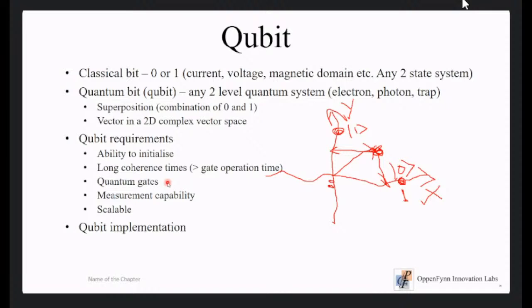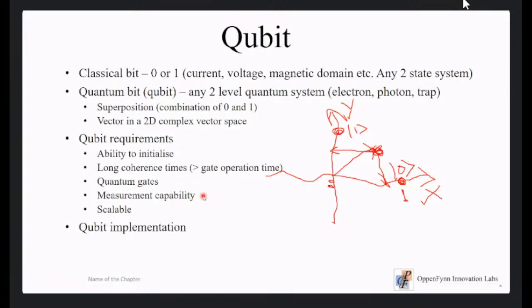If you only have the ability to make 0 and 1 and don't have the ability to make gates using the same technology, then it isn't of much use. Similarly, if you just have the ability to make a quantum bit and do not have the ability to make quantum gates using that technology, then it is not of much use. So another requirement of a qubit is that you need to have the ability to make working quantum gates using that technology.